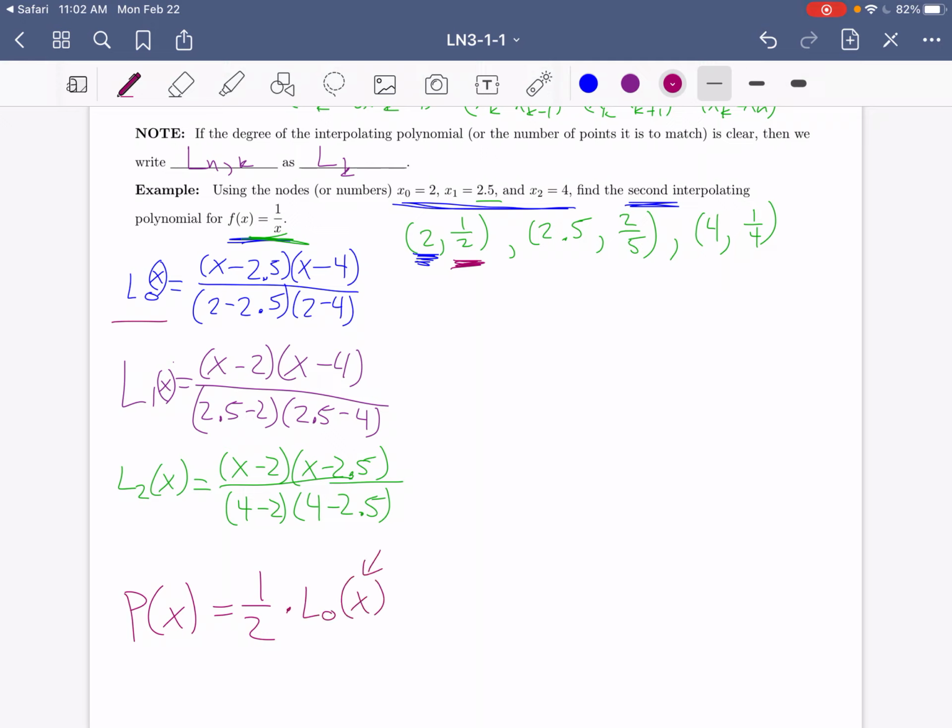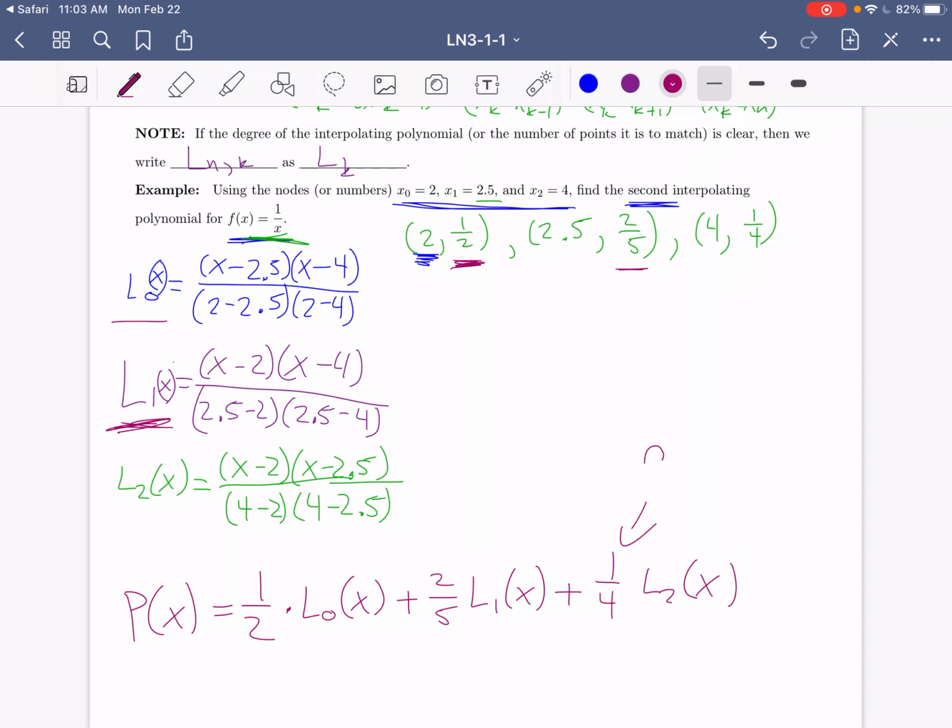This does have an unknown x value in it, a variable x value, because this is a polynomial that we are constructing. Then we're going to add to that 2/5 times L1 of x. And then we will add to that 1/4 times L2 of x.